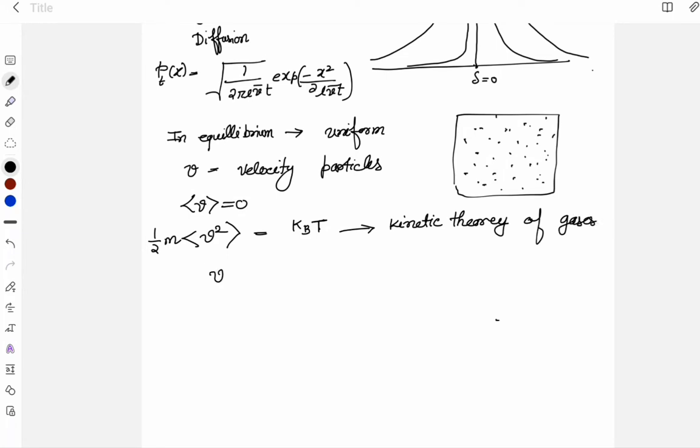And this is the same as that v bar; there we denoted it with an overhead bar. So half m v square will be kBT. So what will be the distribution of the velocity then? Let's say the particle started with some velocity v0 and starts moving and doing all kinds of random motion, and then we are asking what the mean square velocity is.